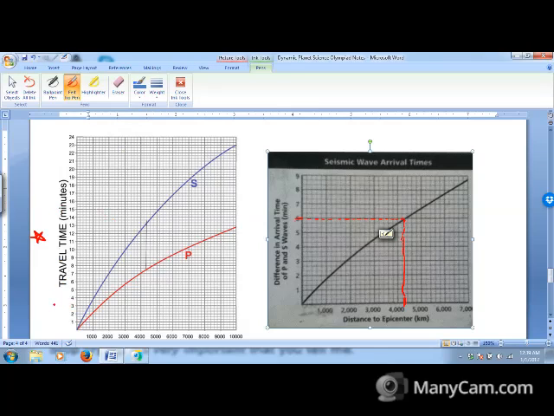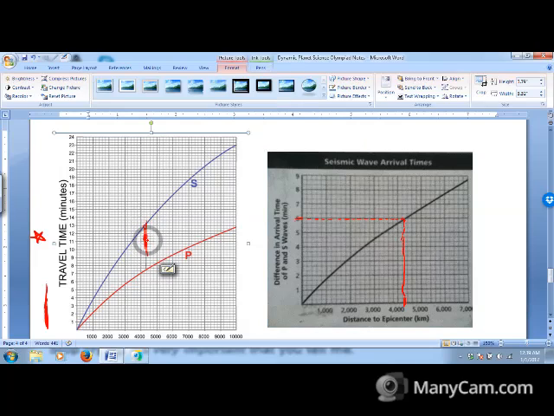You draw some sort of a line that signifies 6 right here, and you find out where the difference is exactly equal to this line. So you're going to go up, and looks like I already drew the line. So that's a difference of about 6. And if you go all the way down to the x-axis, you'll see that it's still about 4,200 kilometers.